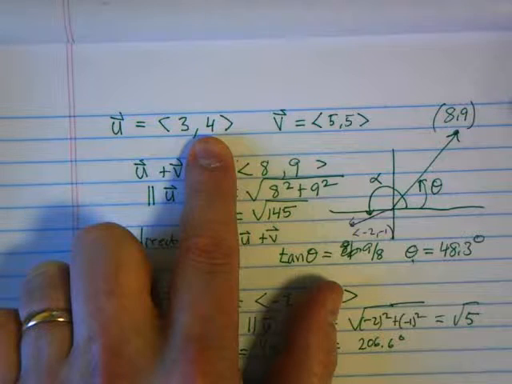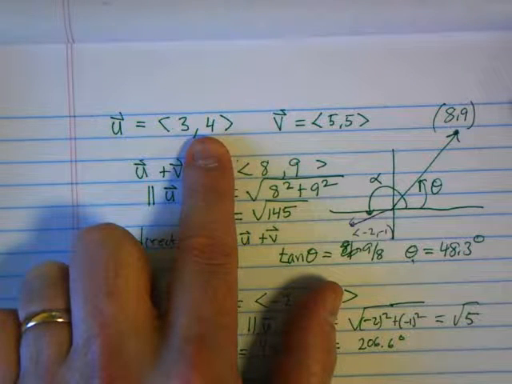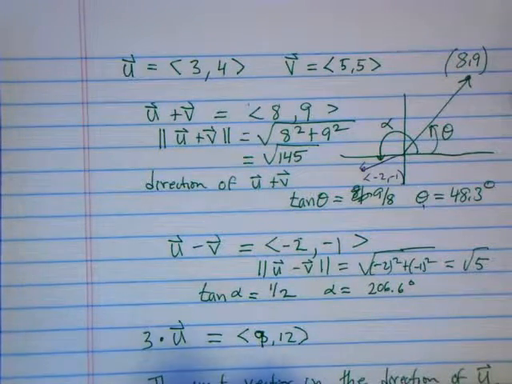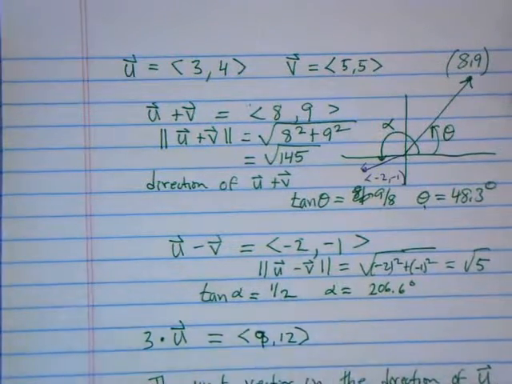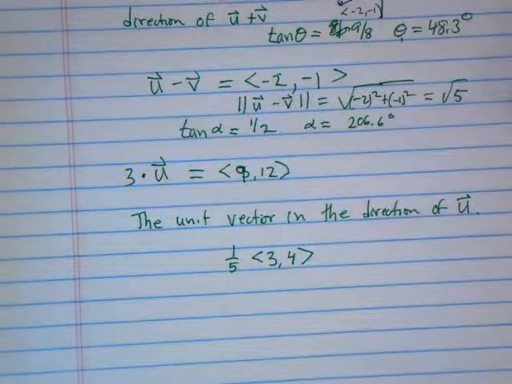So you take the original vector that you have, and you divide it by its length, which is the length of the hypotenuse. That's correct. So the answer would be 1/5 times 3, 4. That would be the unit vector in the direction of u.